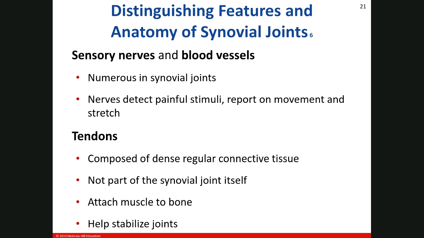But two of my favorite components to the synovial capsule are the sensory nerves and the blood vessels, all right? The sensory nerves, all right, are just that. They're going to pick up sensations such as what we call mechanoreception, or proprioception, which is your body's spatial awareness, all right?